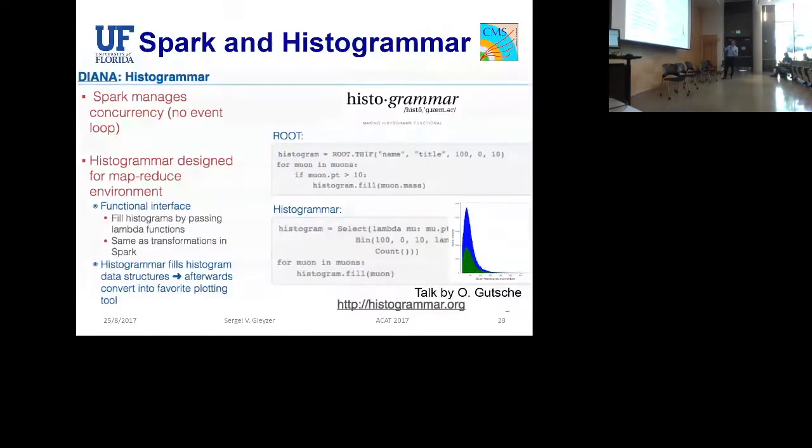And the other nice talk was by Oliver Gutsche, which shows how you go through the exercise of speeding up your analysis, the reduction and filtering of everything you're doing to get to your histograms, in this case using Apache Spark, with another tool developed by Diana called Histogrammar, which is just a different way to do this map reduce operation on histograms, and with some results already. So quite a promising thing.